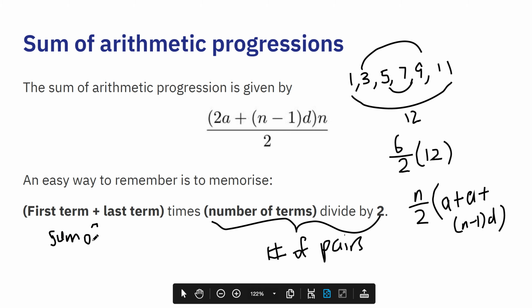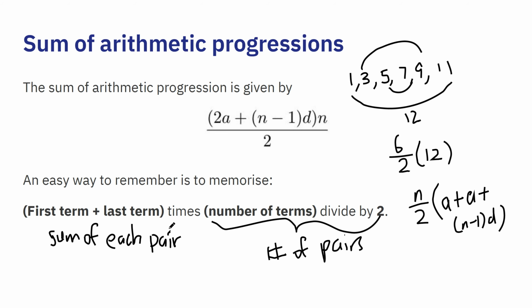Sum of each pair. Okay, so what happens if there's an odd number of numbers? Then there's one number that's going to be unpaired, right? But you can actually use the same formula. So the way to think about it is a bit different. So let's say you have 1, 3, 5, 7, 9, don't have 11. Okay, so we duplicate this AP and write it backwards. So now the sum of all these numbers is twice of the original sum that we wanted, right?